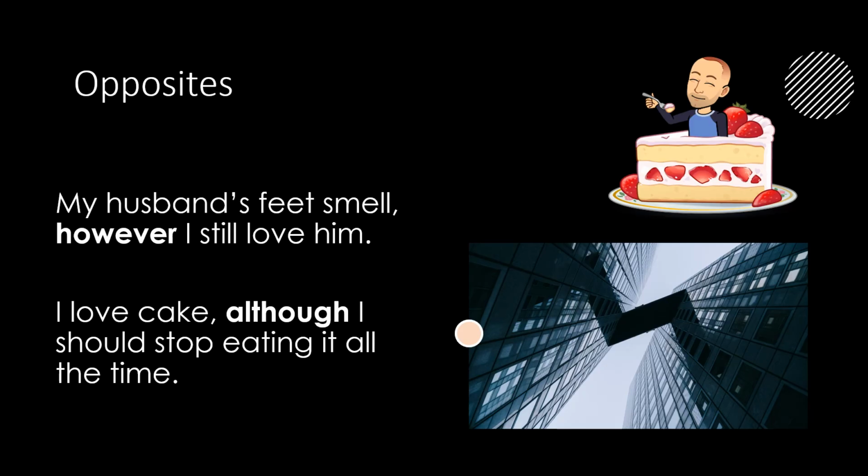So, great example of the complex. I love cake, although I should stop eating it all the time. So we're showing the very positive side, loving of the cake, although we could have linked with something like, although it is bad for me, although I should eat less because it's affecting my health or something like that. So just showing, there's always positives and negatives of a case.